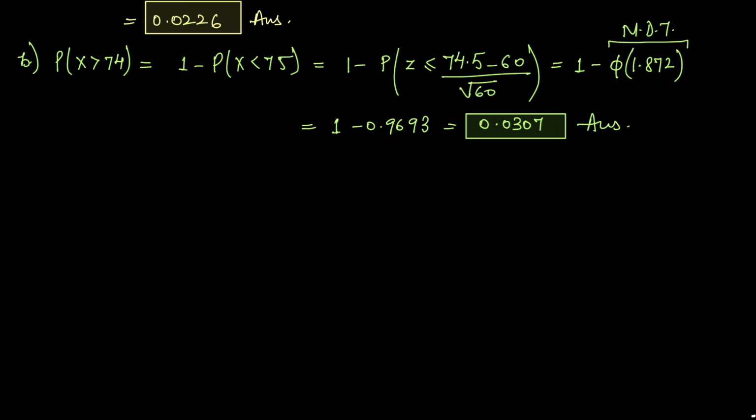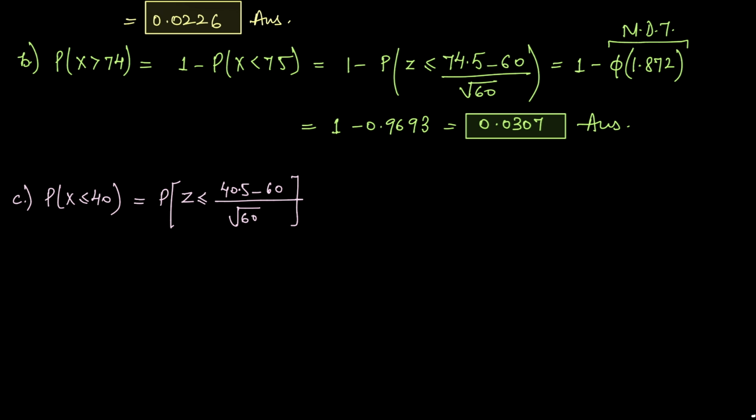Okay, so now let's move on to part C, where we need to find the probability of x less than or equal to 40. In part C, again, we are going to apply the continuity correction. So we will write it as the probability of z less than or equal to (40.5 minus 60) over root 60.